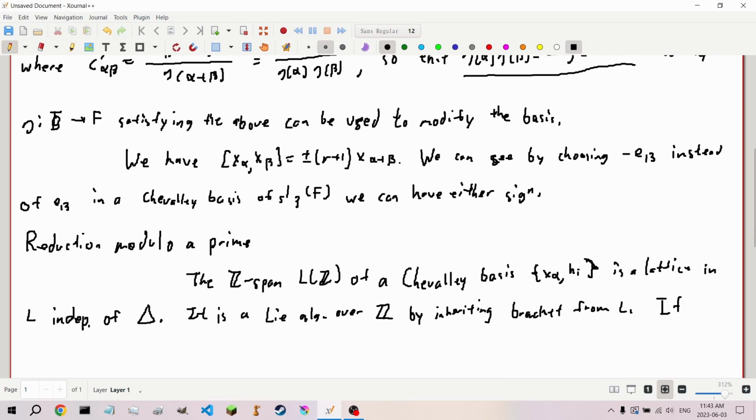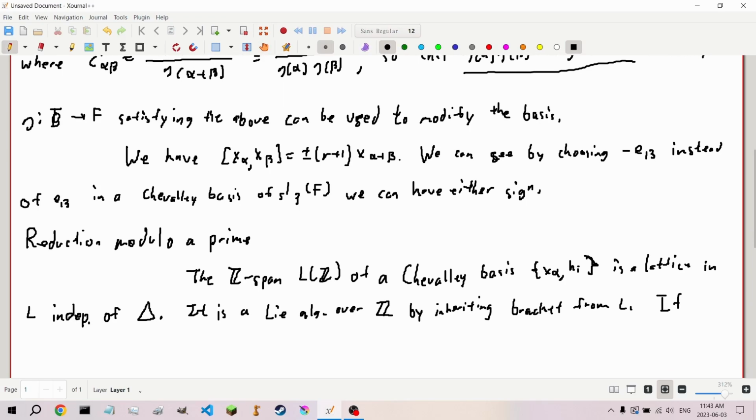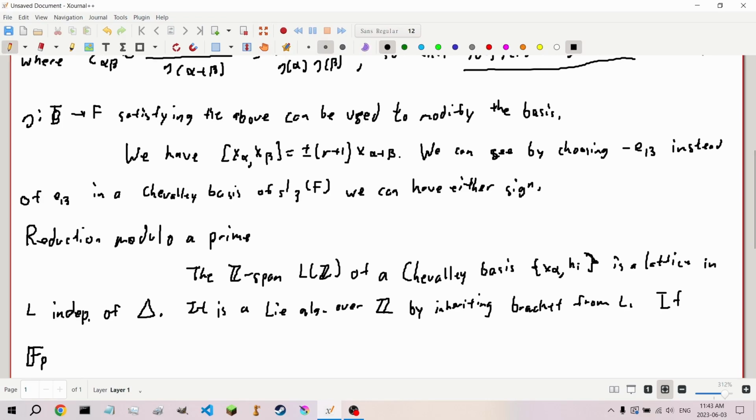If we have the field of p elements, written like that, which we know is Z over pZ as a field, then we're doing a change of base here in Humphreys.